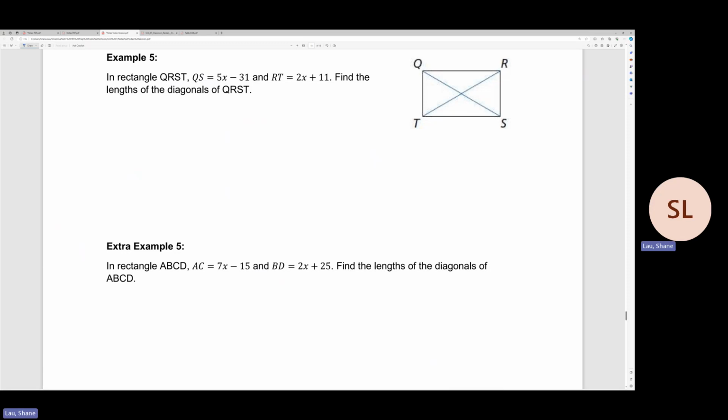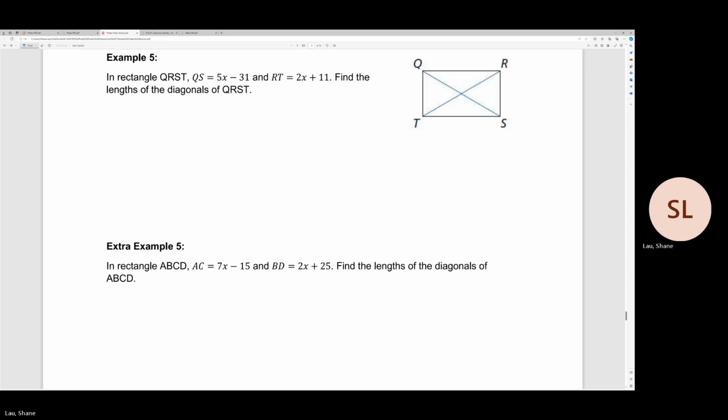In this example, we have a rectangle QRST, which means if we have a rectangle, we're going to have congruent diagonals and 90-degree angles for sure. QS is 5x minus 31, and RT is 2x plus 11.